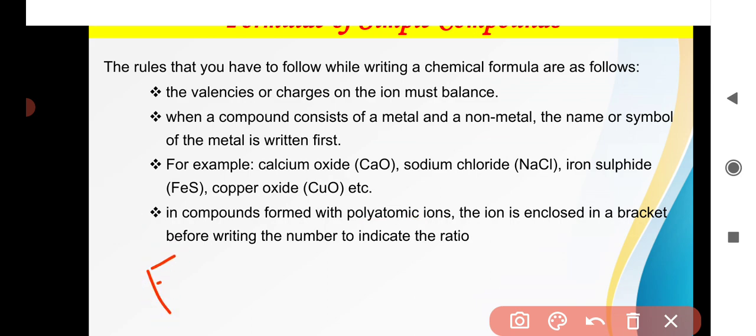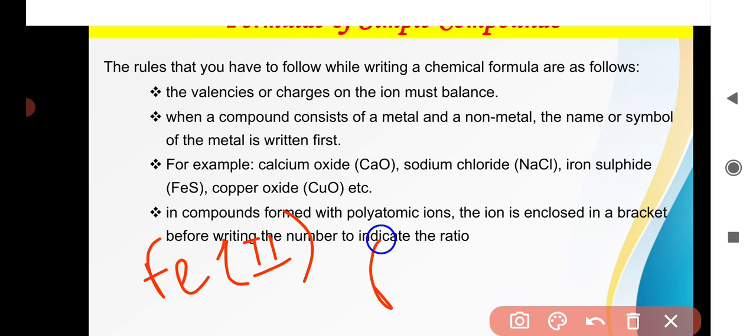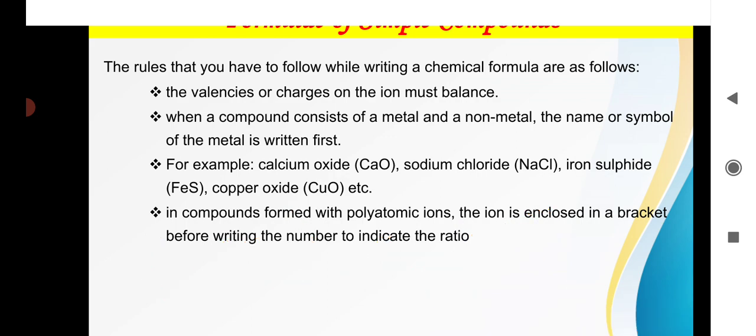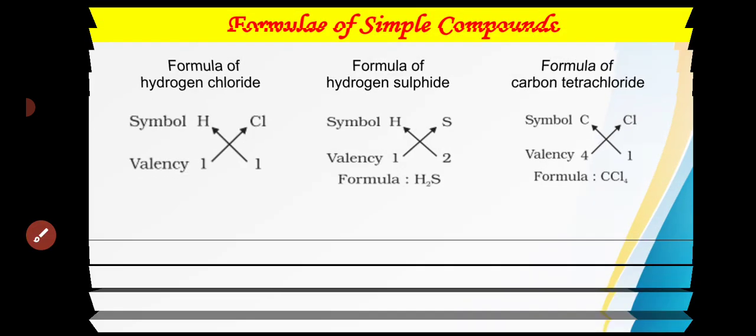Sometimes iron is present in valency 2 or valency 3. When it is present in valency 2, it is written as Fe2, and if it is present in valency 3, then it is written as Fe3. So in this way we have to write the names of chemical substances.